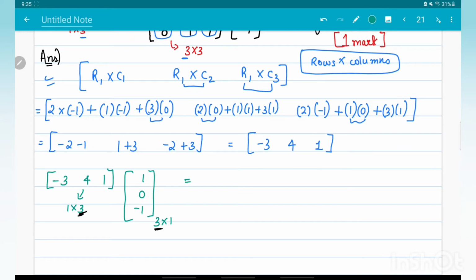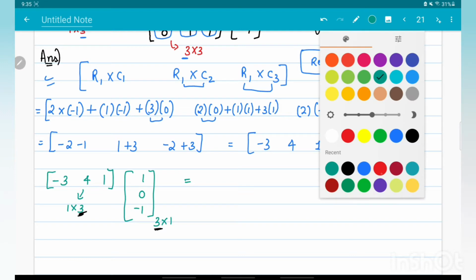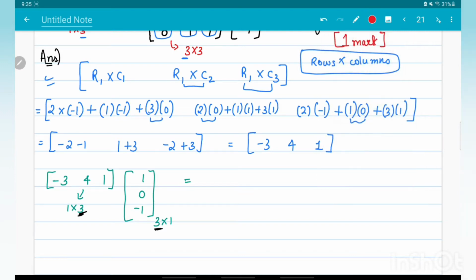And how are we going to multiply? We multiply in the form of rows and columns. That is, the rows of the first matrix will be multiplied with the columns of the second matrix. Here there is only one row, and here there is only one column. So I'm going to multiply this first row with the first column. The first element, minus 3, will be multiplied with the first element of this column, so this becomes minus 3 into 1.